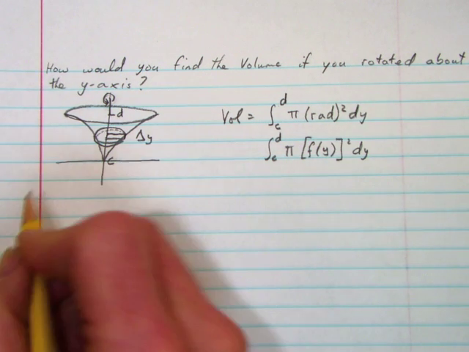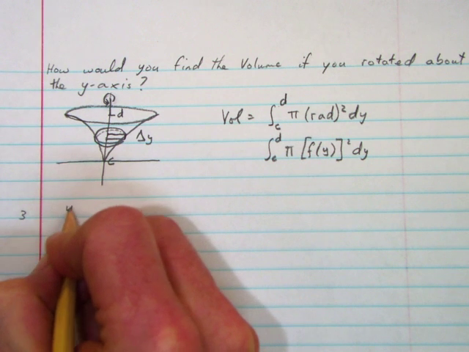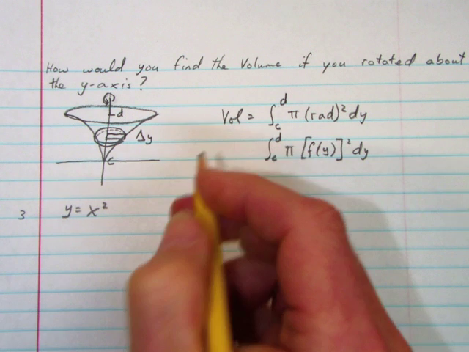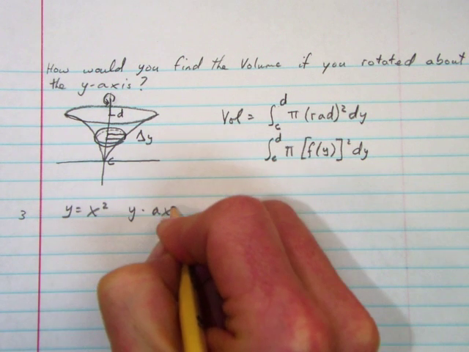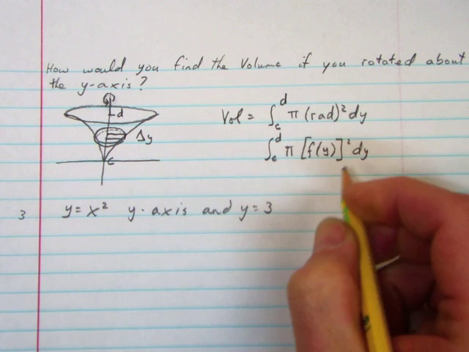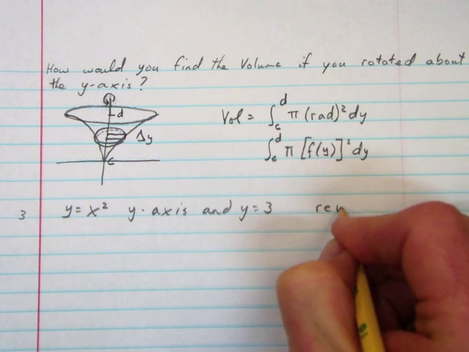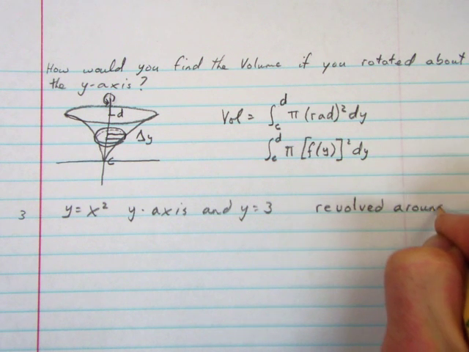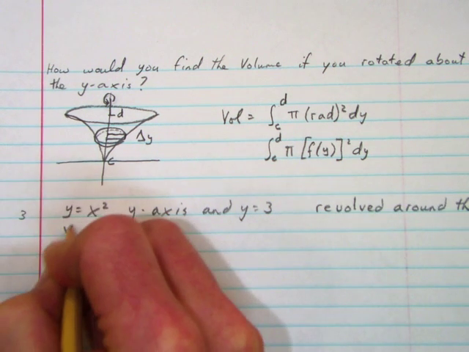Let's see if we can do an example of that. y equals x squared, which is basically what this curve is, the y-axis, and y equals 3. And we will revolve this around the y-axis.